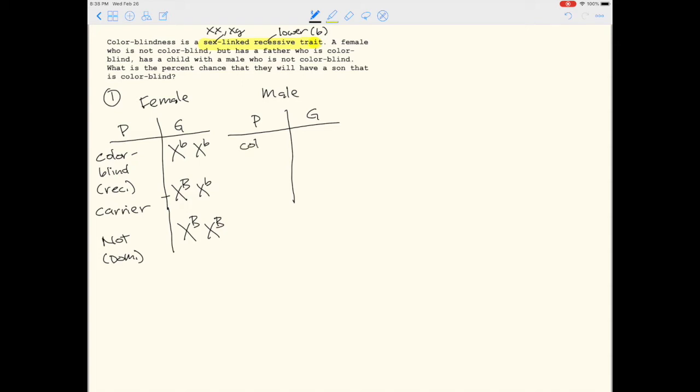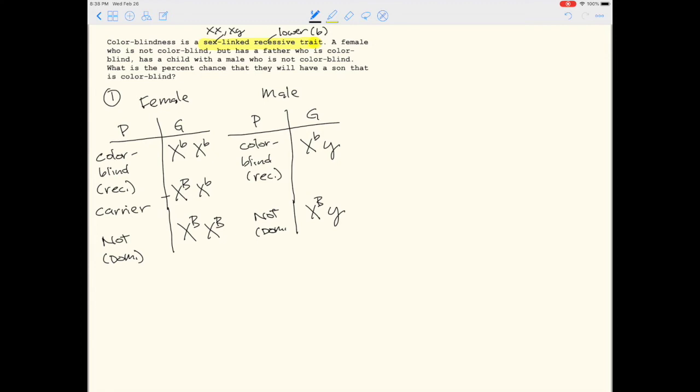So again, in this example we are dealing with color blindness, and we know that color blindness is a recessive trait. So not being colorblind is a dominant trait. The genotypes for my male are going to be X lowercase b Y for my male that is colorblind, and X capital B Y for my male that is not colorblind.